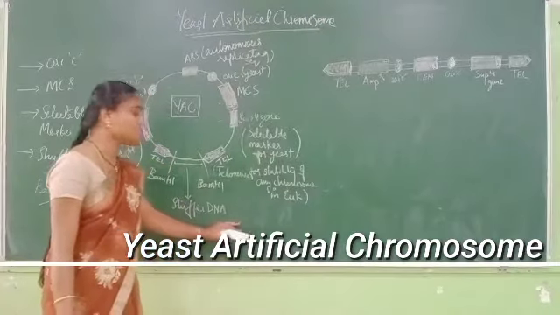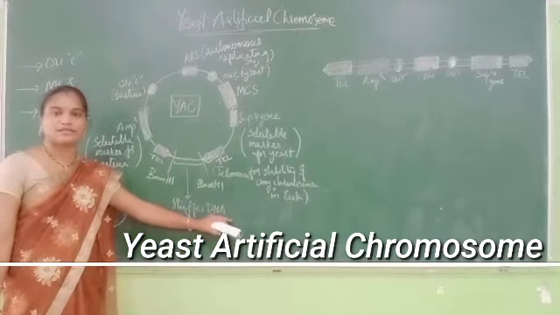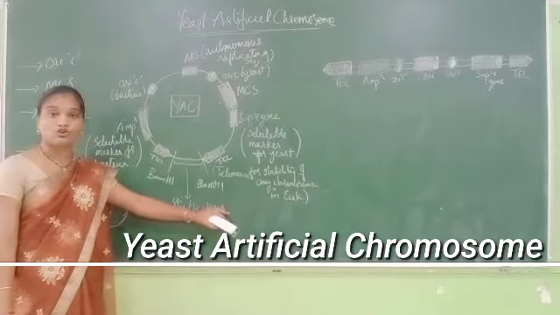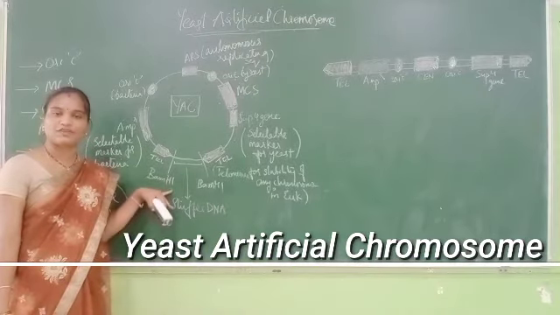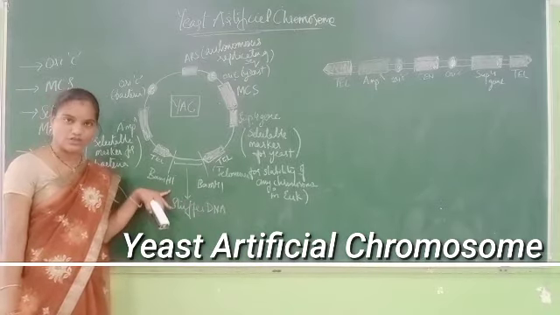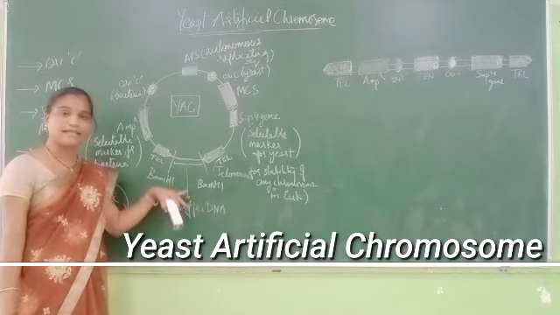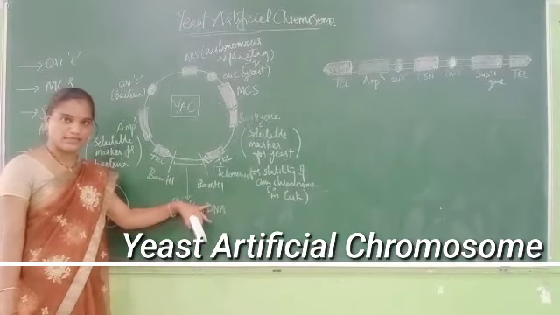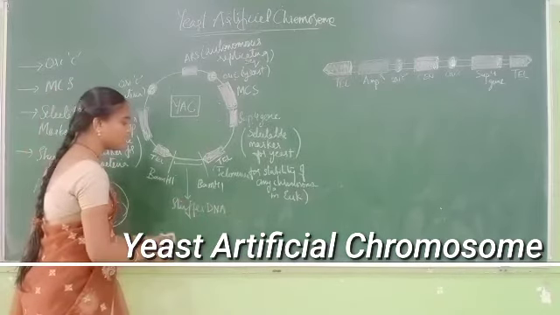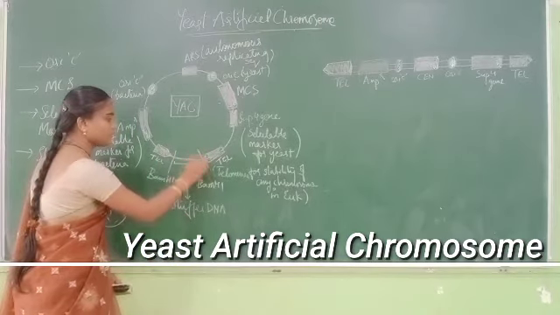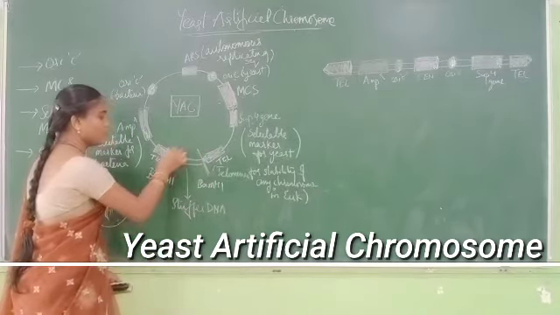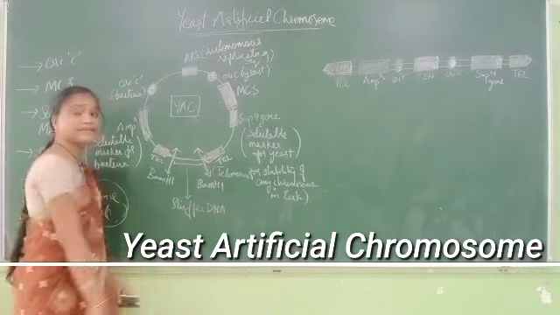So when this particular YAC is treated with the restriction endonuclease, that is nothing but BamH1, it has the property to be easily cleaved with BamH1 restriction endonuclease, isn't it? So when this YAC is treated with BamH1 enzyme, this particular YAC is cleaved here. There are two BamH1 sites here.